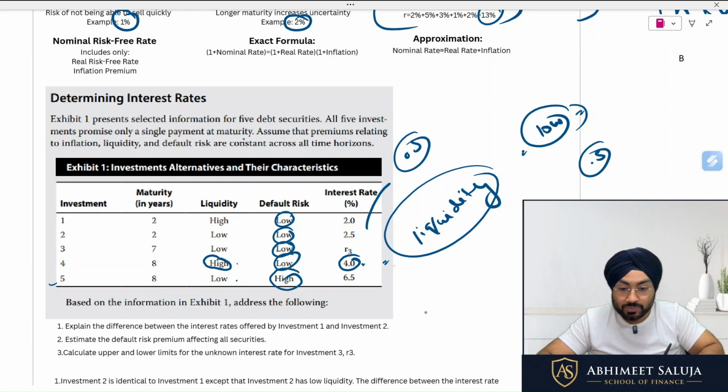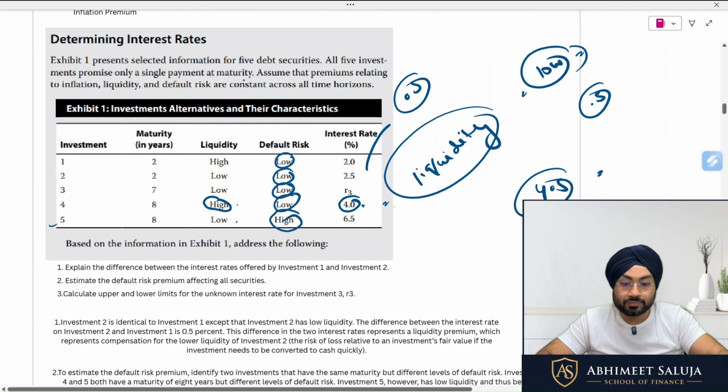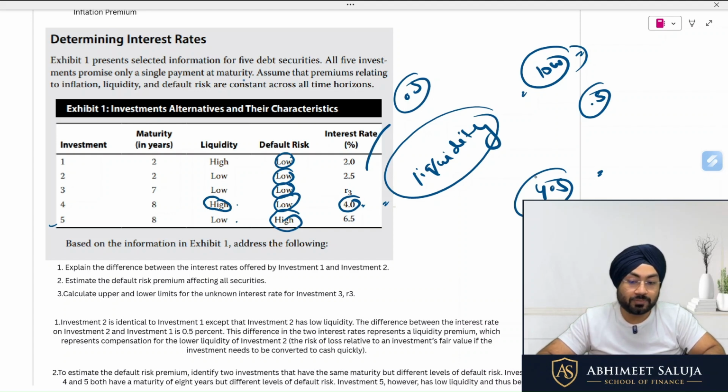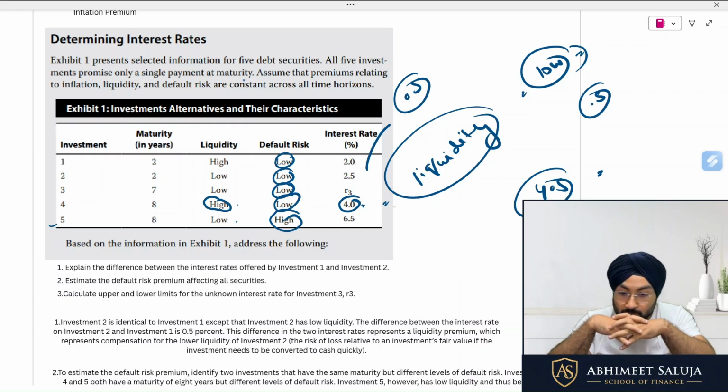Now this bond has 8 years of maturity, low liquidity and low default risk, so the rate would be 4.5. I have reduced the liquidity and added 0.5 as compensation. So now it is 4.5.